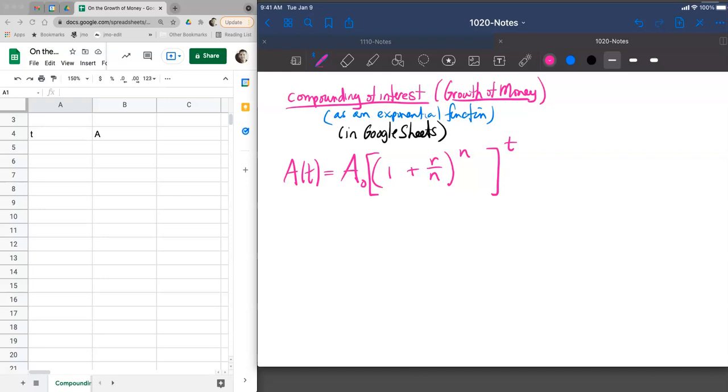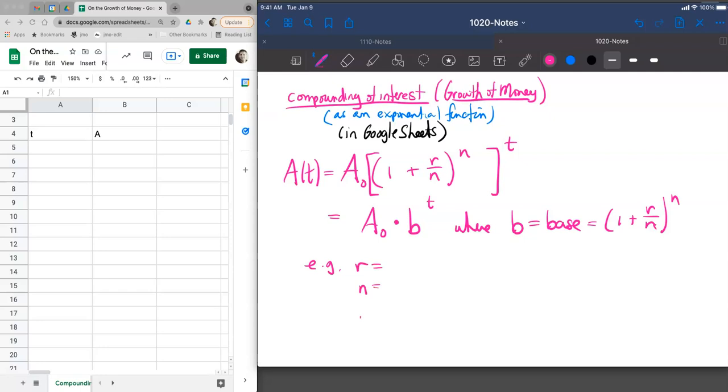This is the compounding of interest formula written as A0 times a number to the t power, where we can see that the number b for the base of the exponent is the formula 1 plus r over n to the nth power.